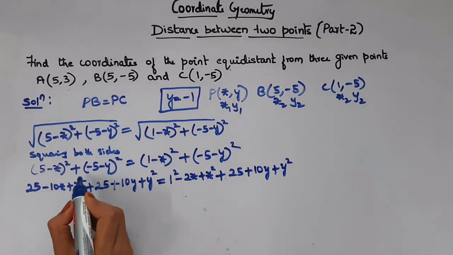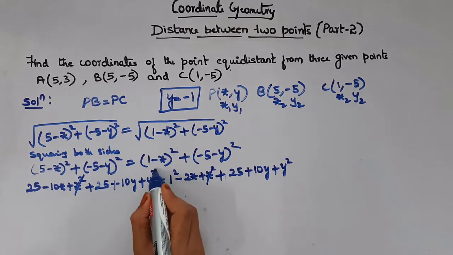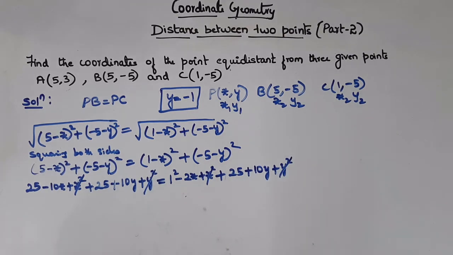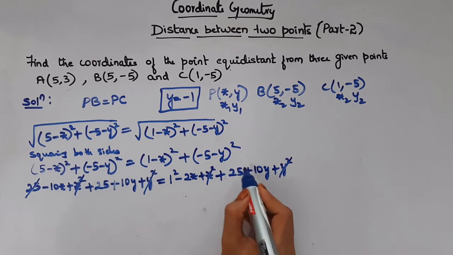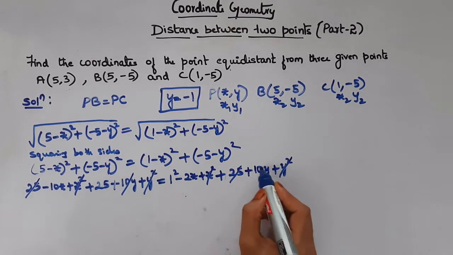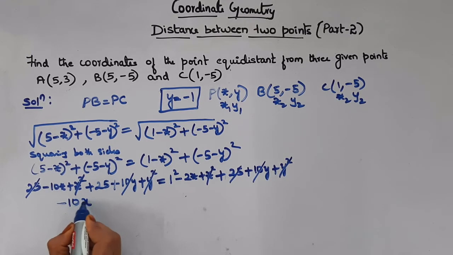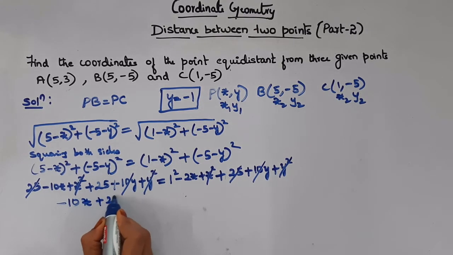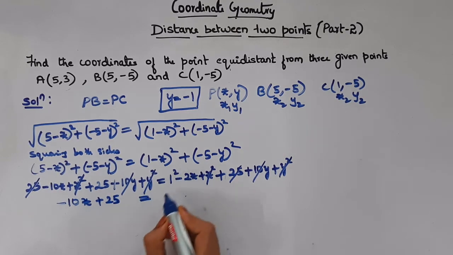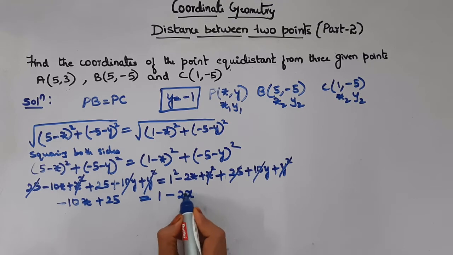So now if you see, x square and x square will get cancelled, right? Here y square and y square will get cancelled. Similarly 25 and 25 will get cancelled. Anything common? Here 10y and 10y will get cancelled. So we are left with minus 10x plus 25 is equal to 1 square is 1 minus 2x, right?